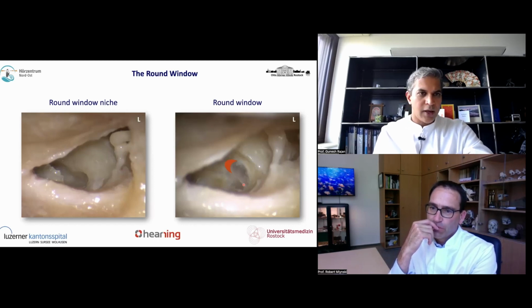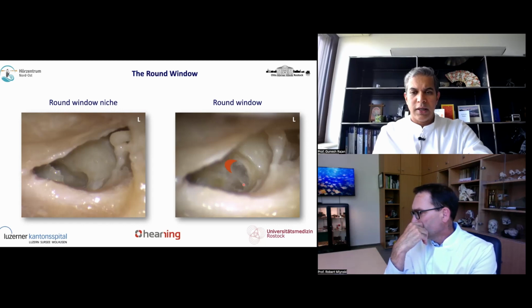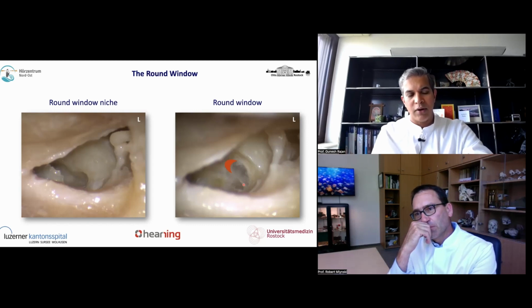Also, we can injure those vessels you are talking about, but also we can initiate these inflammatory responses through a cochleostomy, which we know carries a high risk of residual hearing fibrosis, all these things later on, or loss of residual hearing, to be precise. So I think that's really an important aspect, to really have control of your insertion, a really good view of the whole round window membrane.